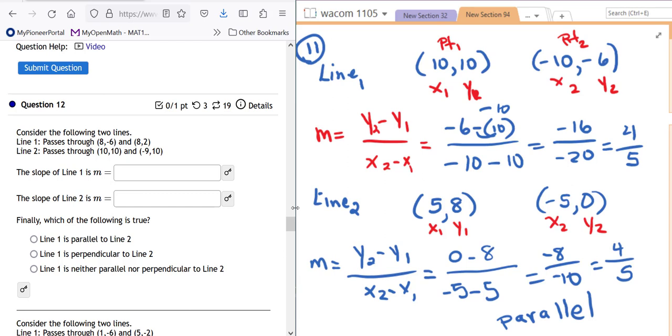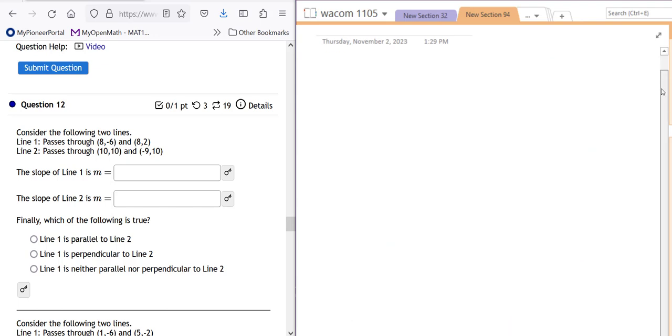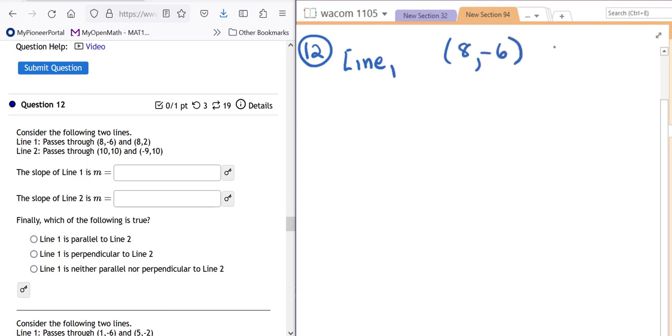I am going to do just one more of these, and this one is a special one. The reason I know that when I look at it is my X's are the same, and then on line 2, my Y's are the same. So those are going to give my special conditions. Line 1 goes through 8, negative 6, and 8, 2.